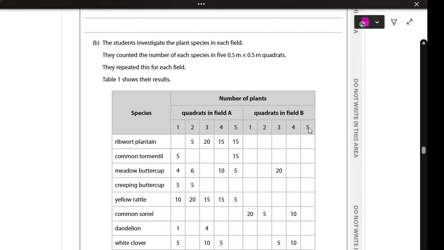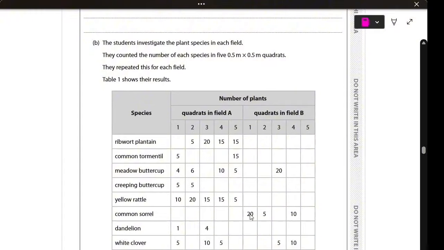So the total area is 5 times 0.25, which gives us the total area where all 35 common sorrel were found.